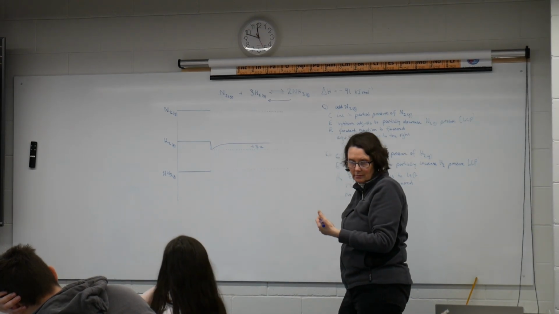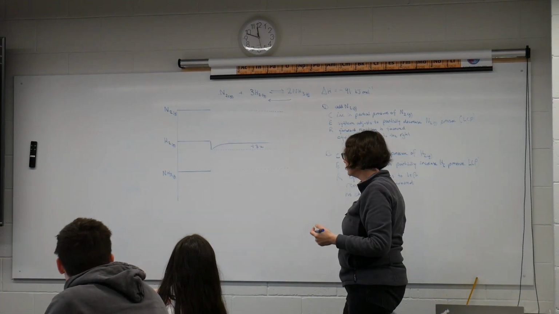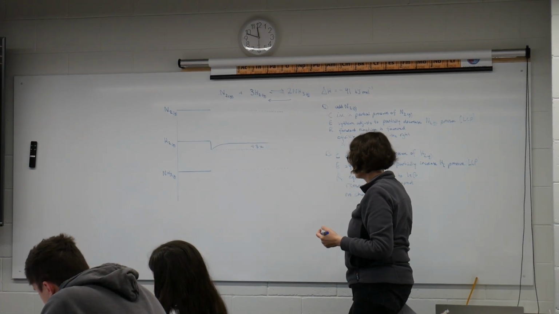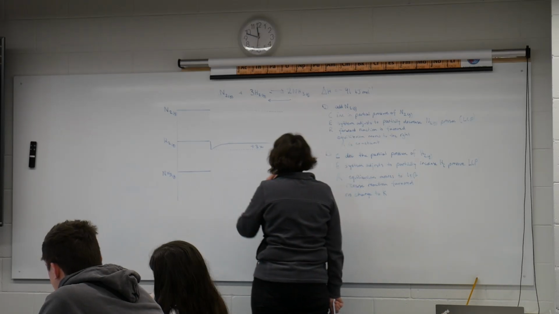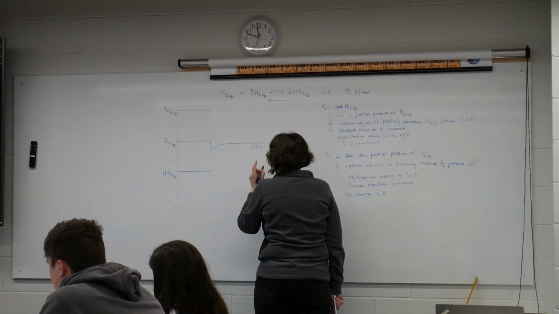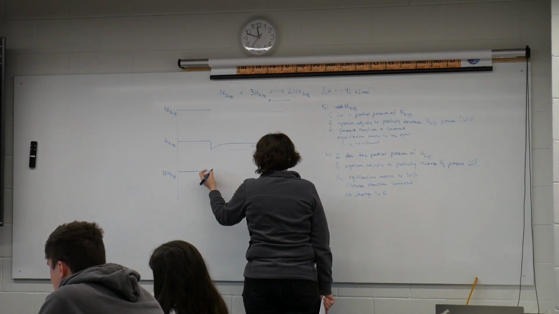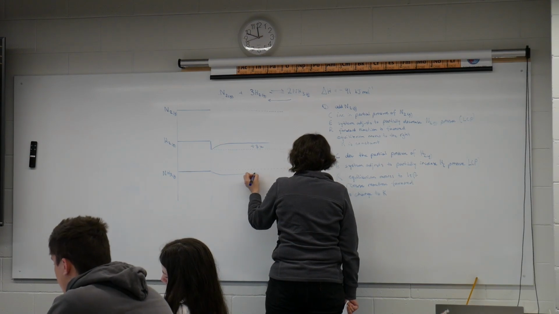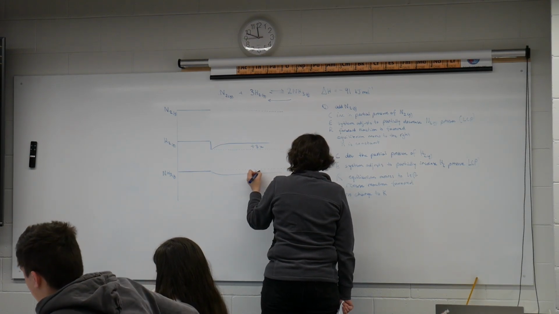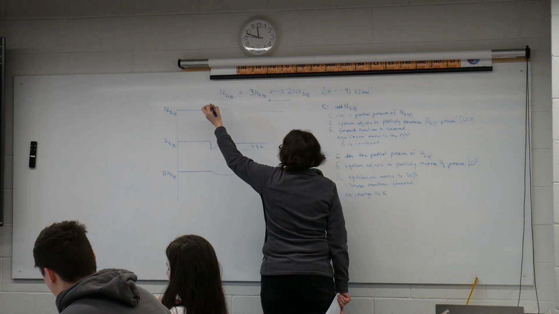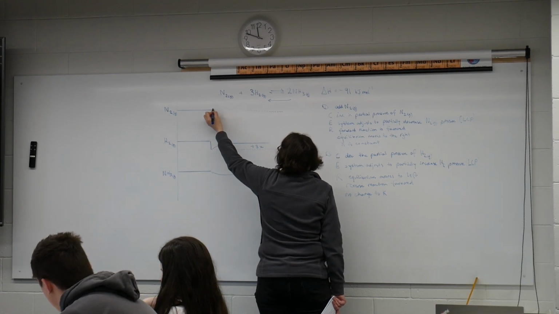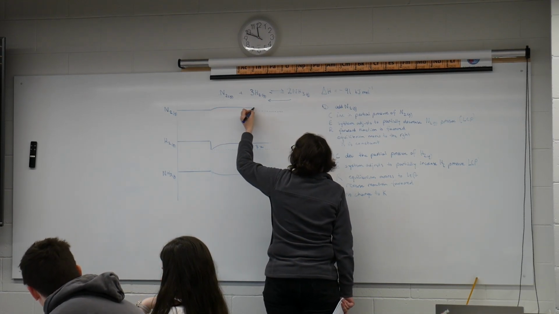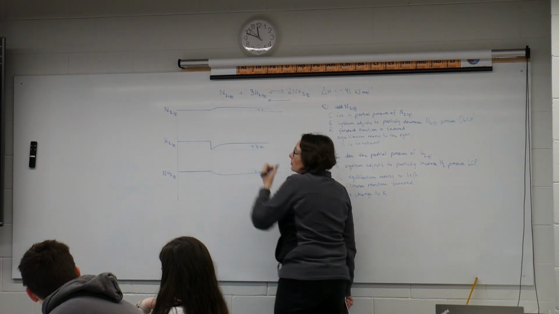Our x values here are still related to our balanced equation. So that's going to go up. Our ammonia is going to go down by 2x, and our nitrogen will also go up by x.